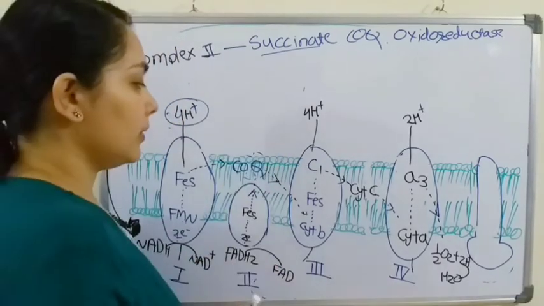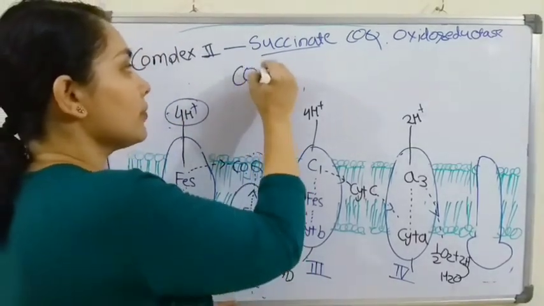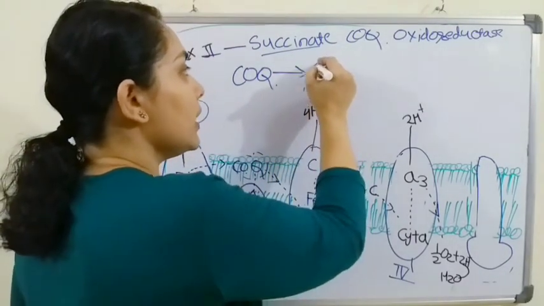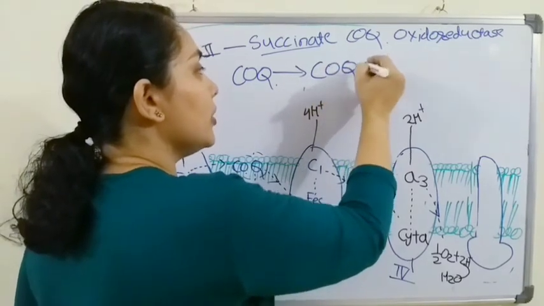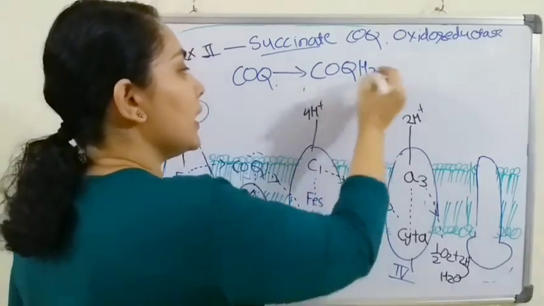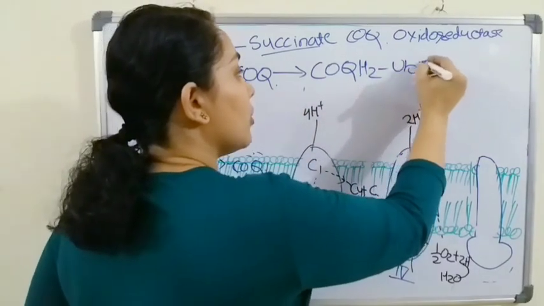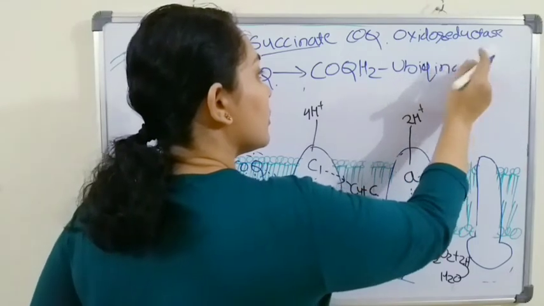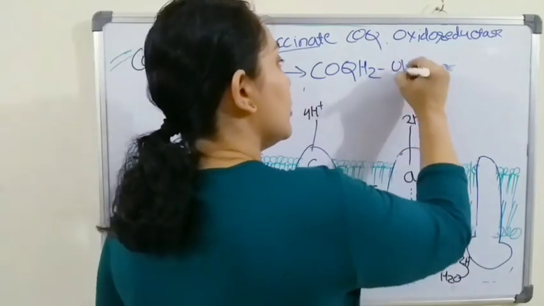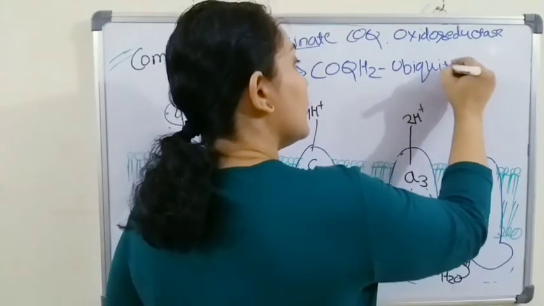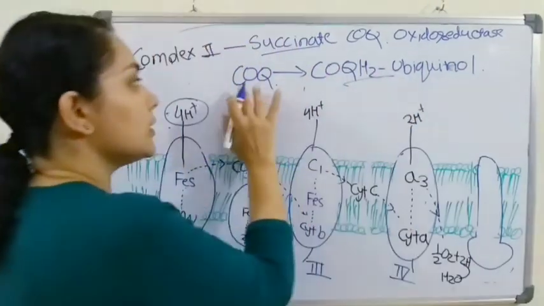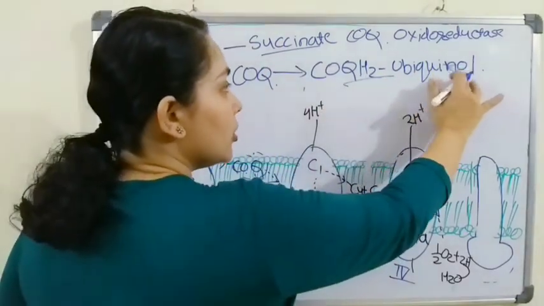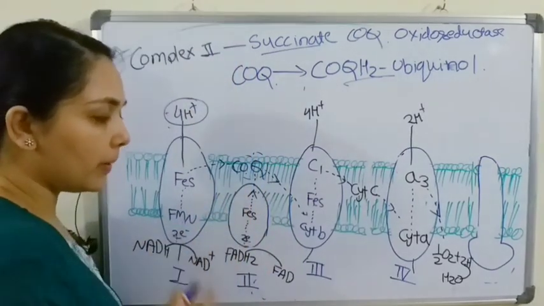Coenzyme Q, accepting the electrons and hydrogen atoms, will reduce to coenzyme QH2, which is known as ubiquinol. This is ubiquinone, so ubiquinone will reduce to ubiquinol. Clear up to complex 2.